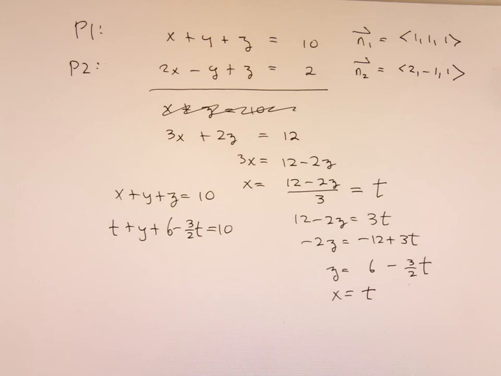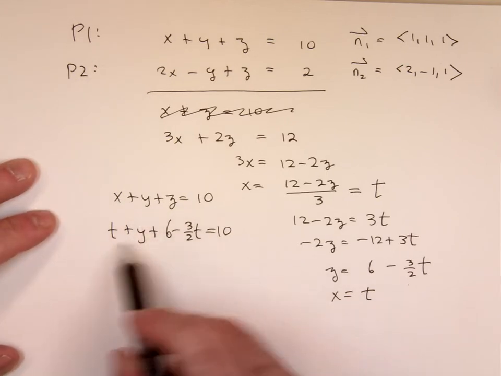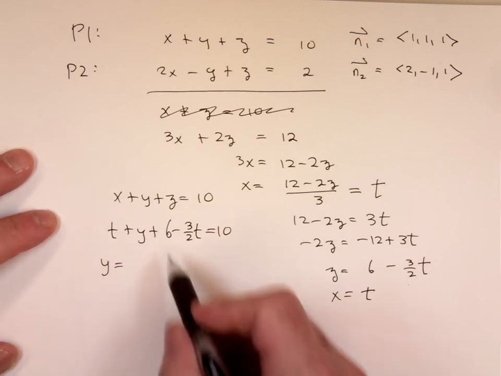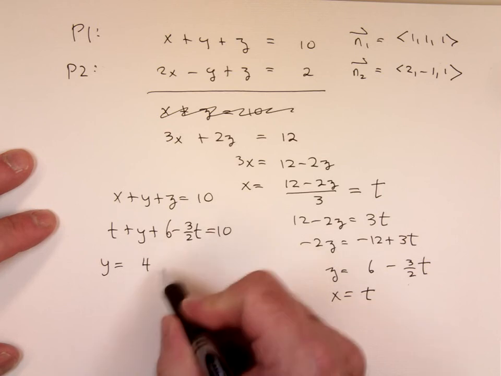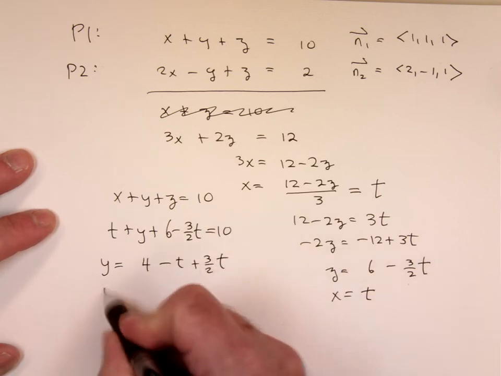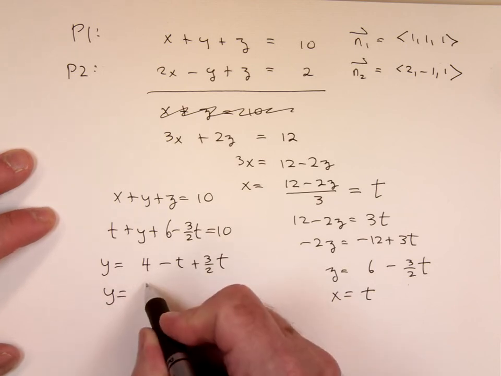So, solve for y. Subtract the 6, subtract the t, add the 3 halves t. Y is equal to 4 plus 1/2 t.